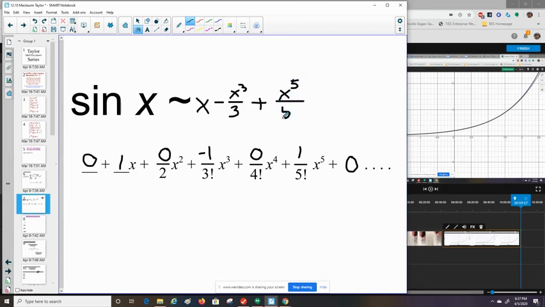Oops, I forgot the factorial on that 3. I'll go back and put that in there. Not just 3, but 3 factorial. Then the next term would be 0.